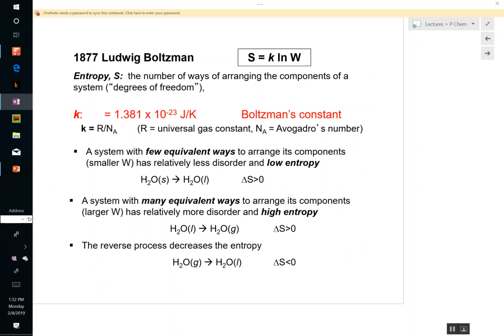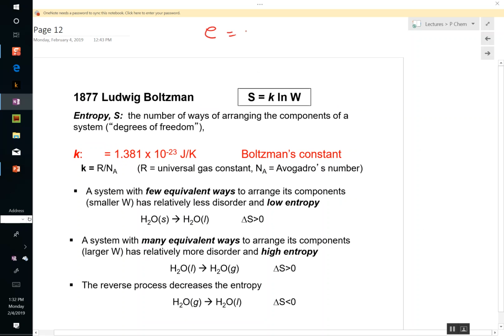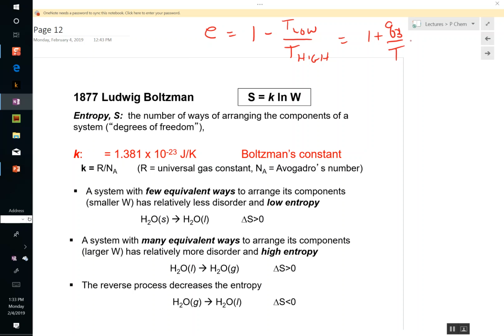Probably one other introductory comment here is this efficiency, or this, you can end up with a ratio of the heat to temperature ratio, that there is a state function that relates heat to temperature and starts developing this state function, entropy, from it.